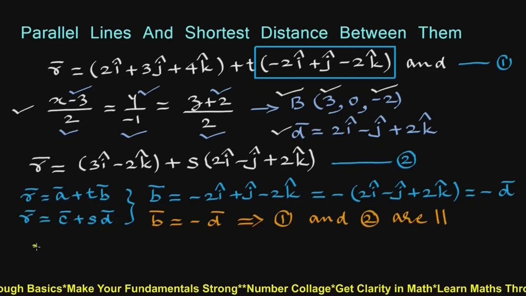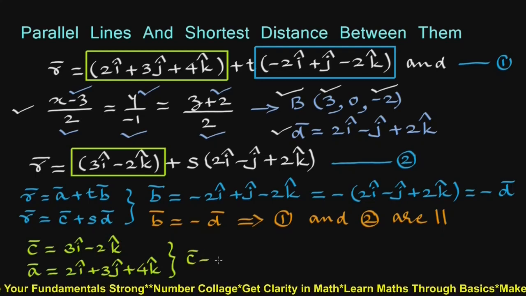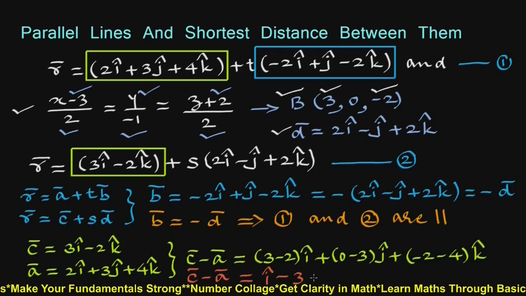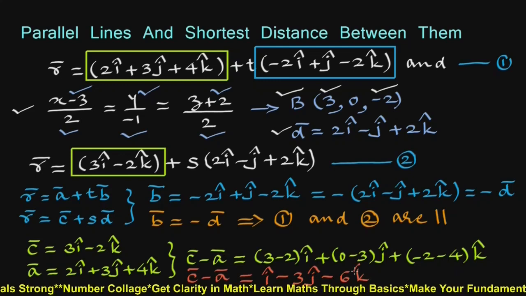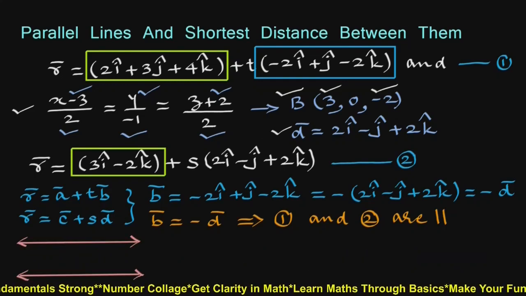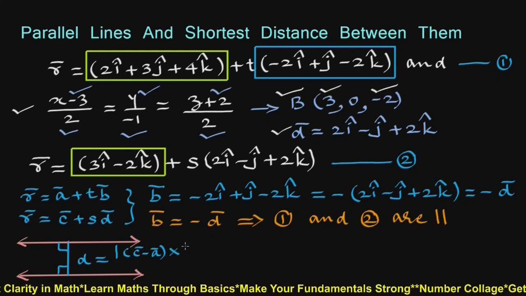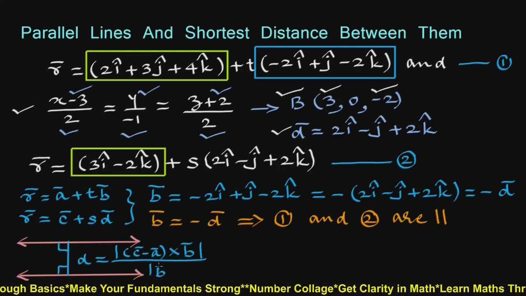Now since b bar is a scalar multiple of d bar, it implies that line 1 and line 2 are parallel. Now we have c bar and a bar. So c bar minus a bar will be i cap minus 3j cap minus 6k cap, and the shortest distance between them, d, is mod of c bar minus a bar cross b bar upon mod b bar.